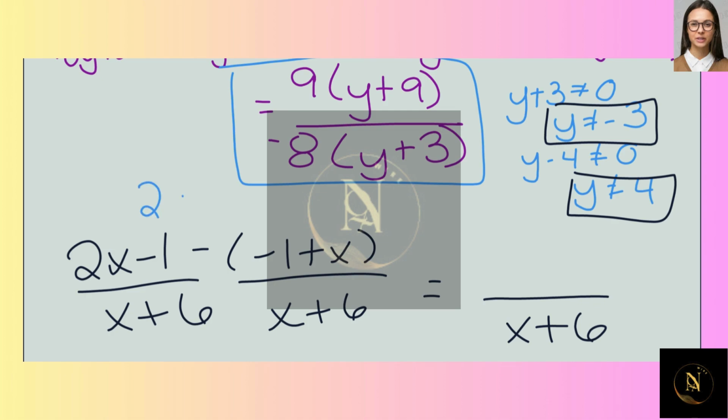This top part is going to be 2x minus 1, and then this negative is going to make it minus 1 plus x. So we're going to get on the top 3x minus 2 over x plus 6. We know that our bottom cannot equal 0, so x cannot equal negative 6.